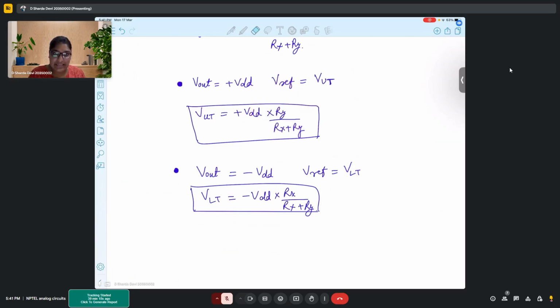That means two reference levels, and our output will change based on those two reference levels.